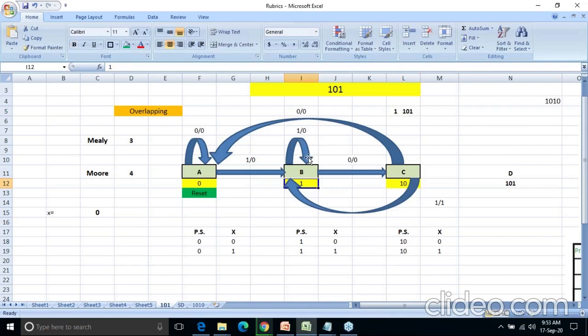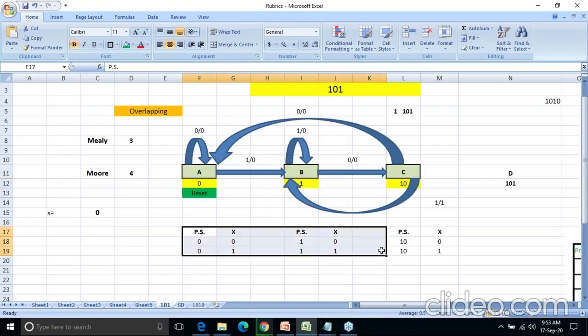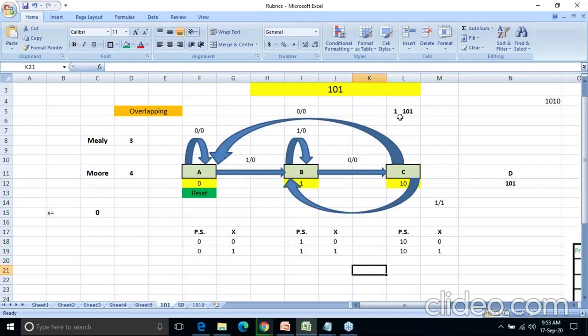If this is not clear, there is a simple method I have already written, but before going directly to that point I just want to clear your logical thinking. I want to improve your logical thinking ability. So here my first input is 1, so I am in state B. Now after this, instead of 0 I am getting 1.